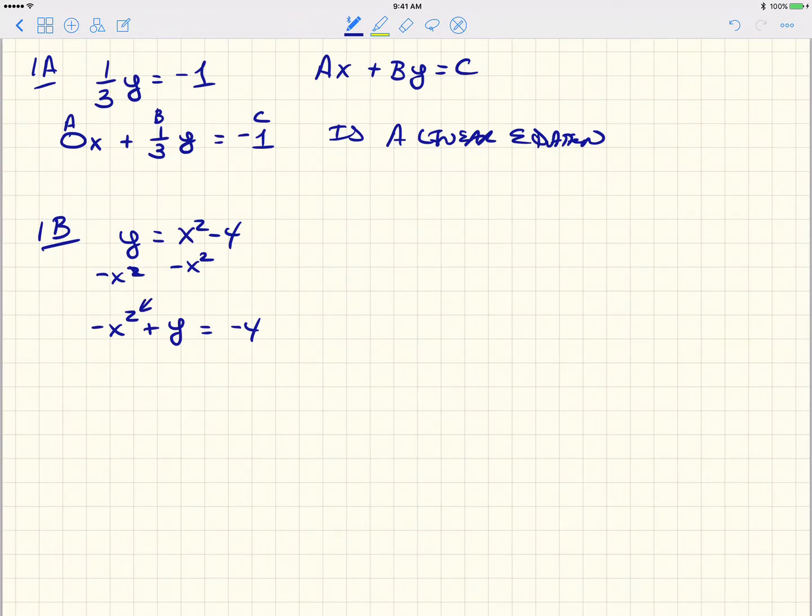I'm multiplying x by itself. This is a quadratic equation. This is an equation that is going to give us a parabola.